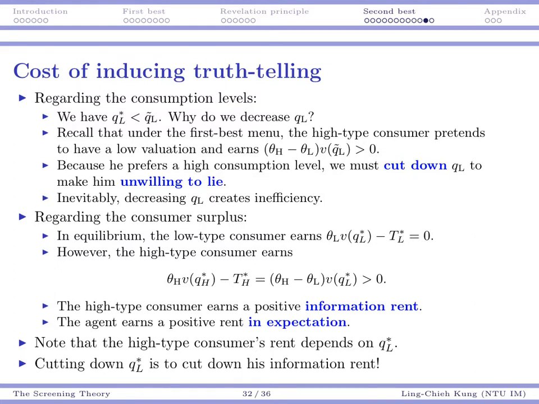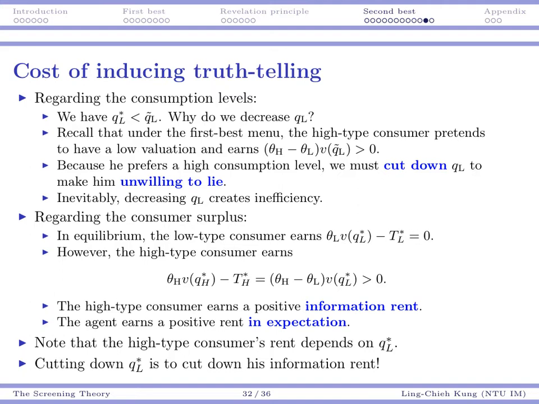So this tells us that if we want to extract surplus from the high type consumer, I should decrease QL. As long as I cut down QL, I am going to limit his incentive to lie. When I decrease QL, the high type consumer will find it less profitable to pretend to be a low type.